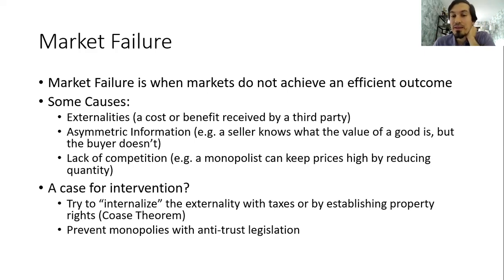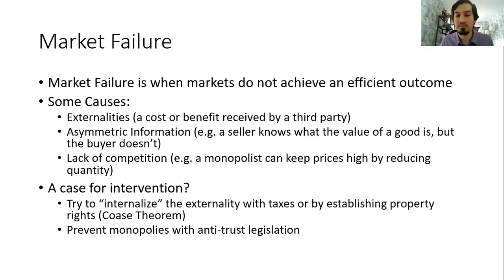There's another way though, and that is by establishing property rights using something called the Coase theorem. There's another economist called Ronald Coase who has a theorem about internalizing externalities to restore efficiency by giving people property rights.